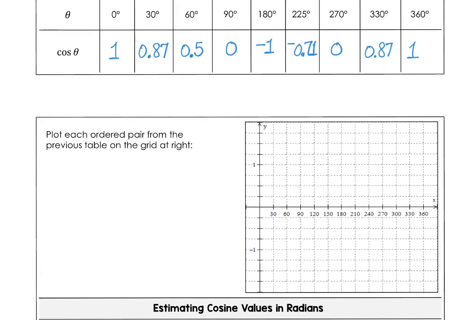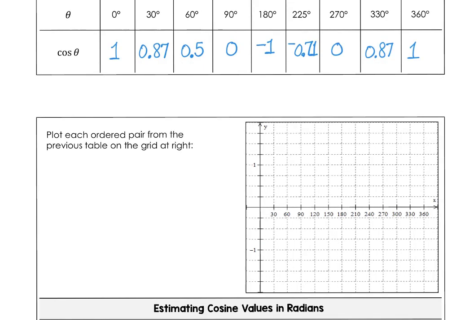So converting those points to our graph on the second page is going to produce that parent function of the cosine curve. So at (0, 1) we have a maximum, and at (360, 1) we have a maximum.